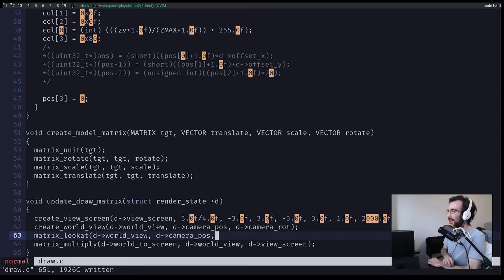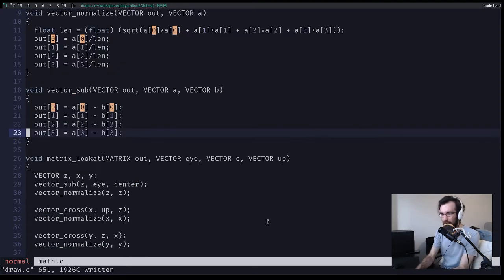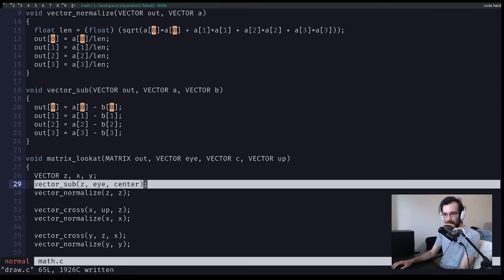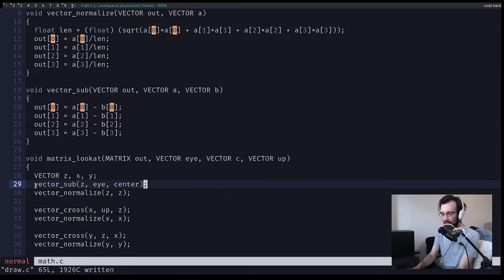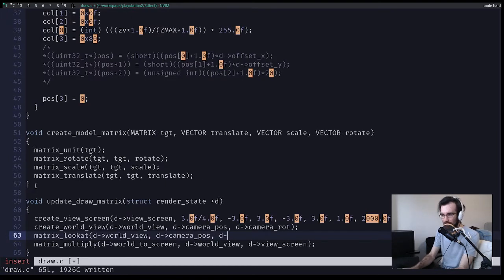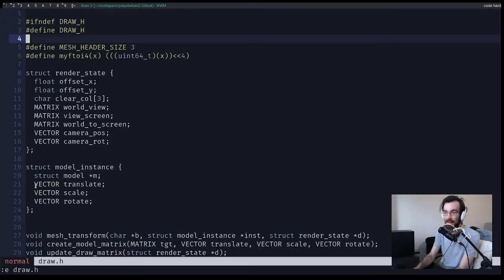It rotates based on where we're looking. Is center what we're looking at? Yeah, center's the center of the camera. Okay. D camera target, and then we take D up. I think we have an up in our render state even. So rather than camera rotation, we now have vector camera TGT.